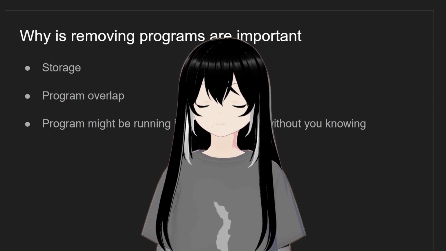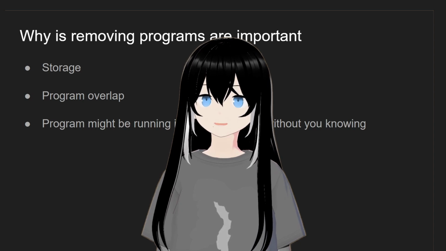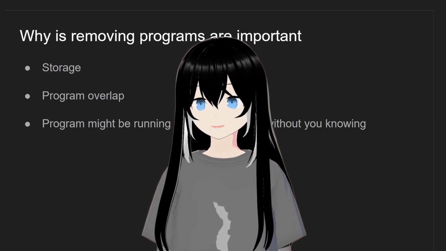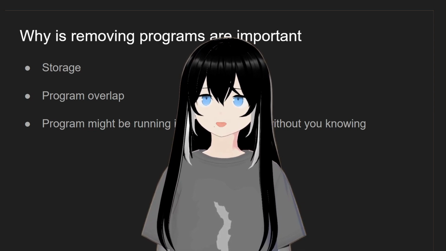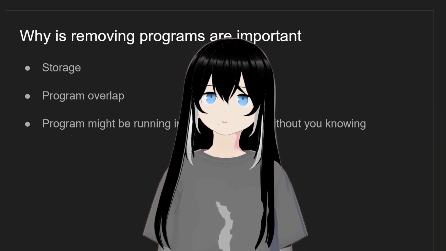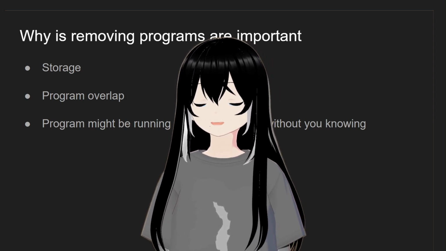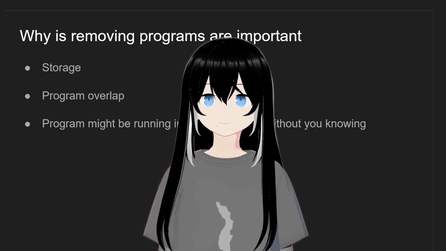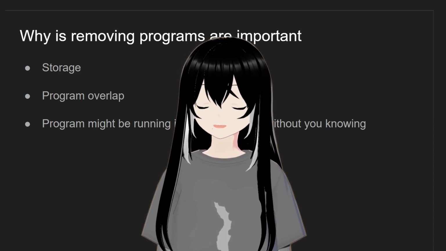Removing that program would stop the overlap, because especially in Visual Studio Code, when we're working with different programming languages, if we have multiple versions of, let's say, Python, and one version of Python has certain libraries installed while the other one doesn't, then there's a weird overlap where we basically have a version of Python that we don't want to work with. We don't want it on our computer at all. So that's another reason why we want to remove it, basically referencing the program or any of our files.